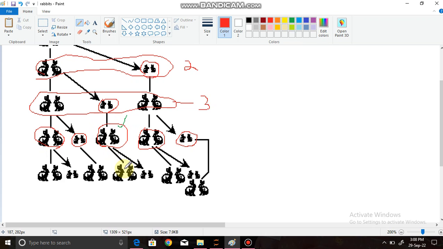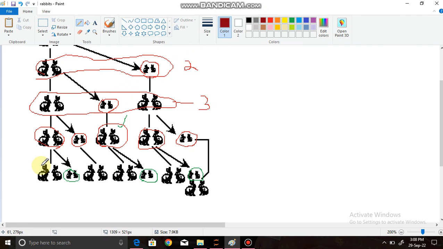So again they are going to give birth to young rabbits, which I will mark in green. Thus, young rabbits in the preceding litter become adults over here, and the adults from the previous iteration will always be there.